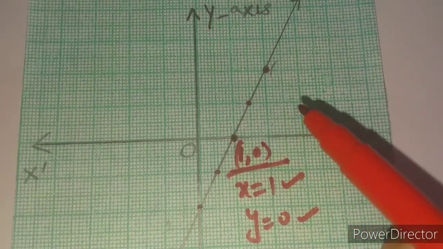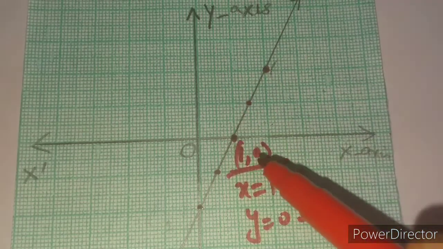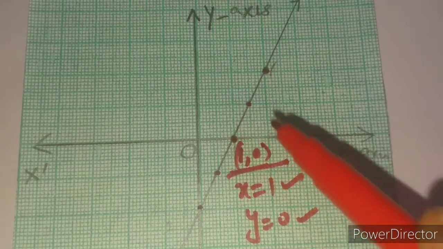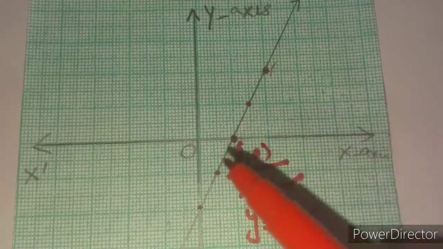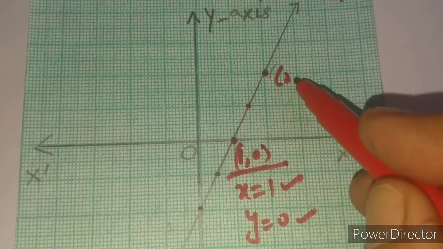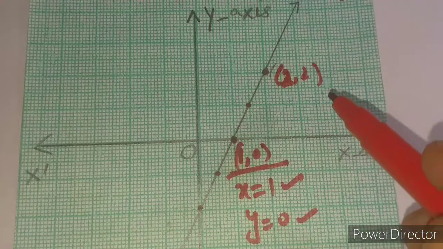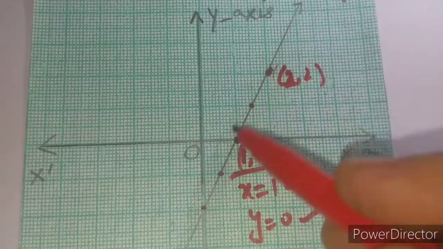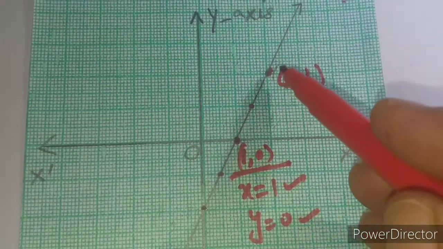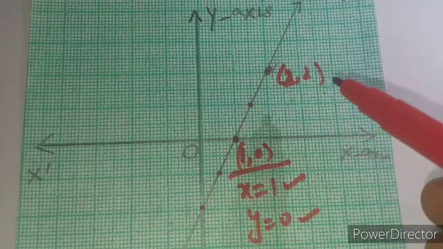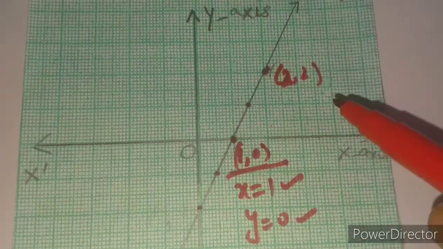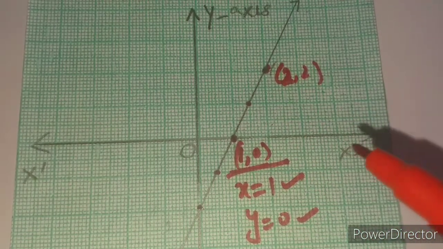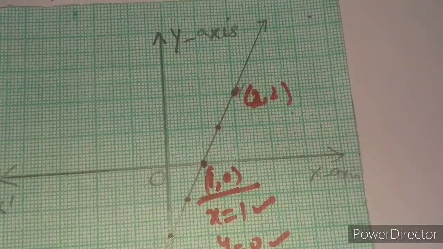So there are two things: any point which satisfies the equation of a line lies on this line, and let us say it in a different way also: any point through which a line passes will always satisfy the equation of the line. Both ways the things will be satisfied. And what is the meaning of satisfying the equation of a line? That the LHS will be equal to RHS. Now I explain this to you.